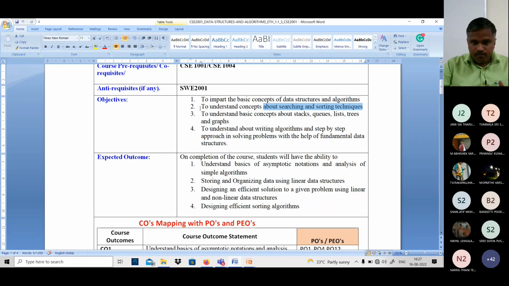The first objective we have seen is the basic concepts of data structures. The basic data structures are stack, queue, list, tree, graph, and array.